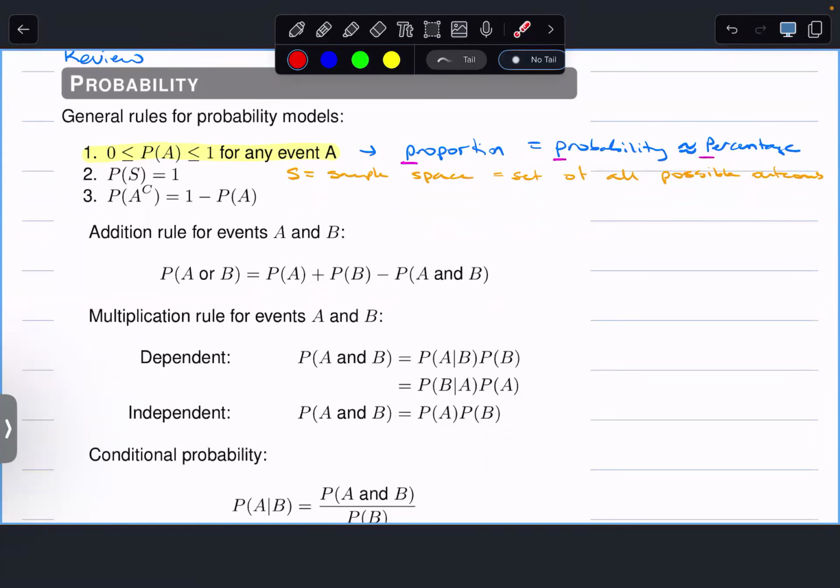We talked about the addition rule for two events, A or B, and we introduced it by looking at a deck of cards. If I want to know the probability of a face card or a diamond, I know the probability of a face card, there are 12 of those in a deck, and the probability of a diamond, there's 13 of those in a deck. So 12 over 52 plus 13 over 52.